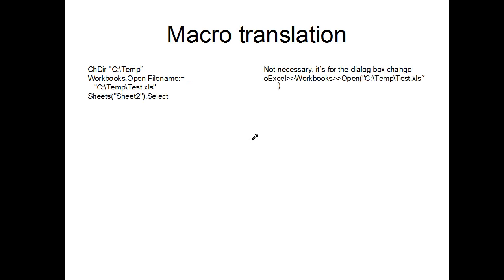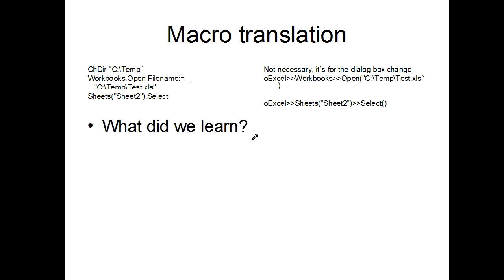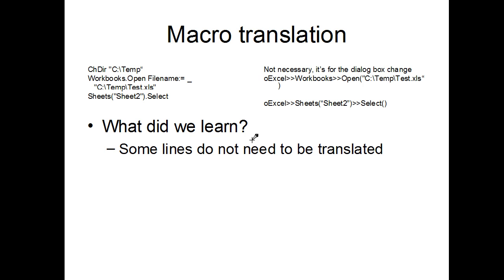Then you want to change the sheet that is visible. Sheets2.Select, and the corresponding translation is still your object OXL, greater than, Sheets of Sheets2, greater than, Select. So what did we learn? Some lines do not need to be translated.